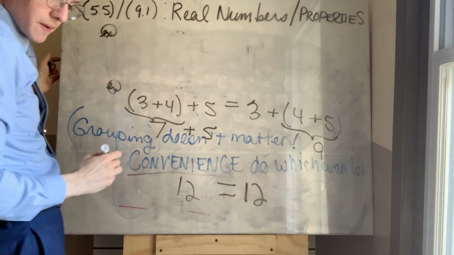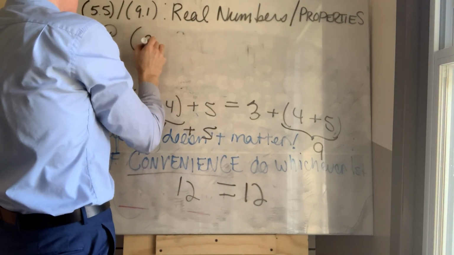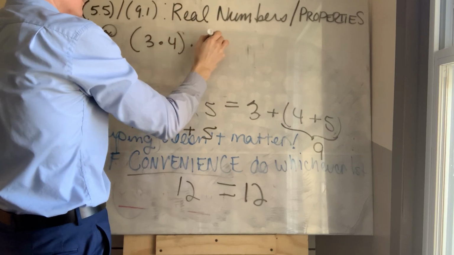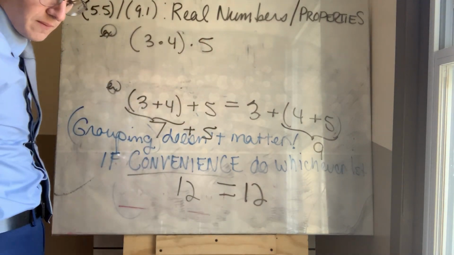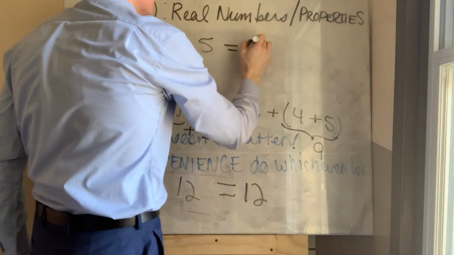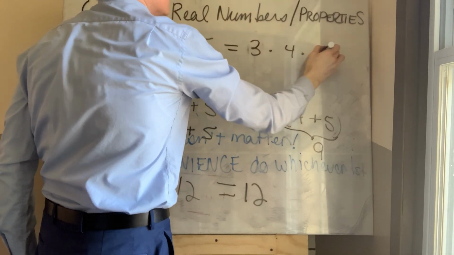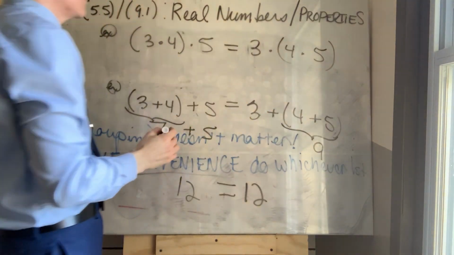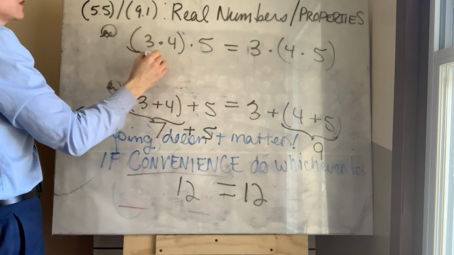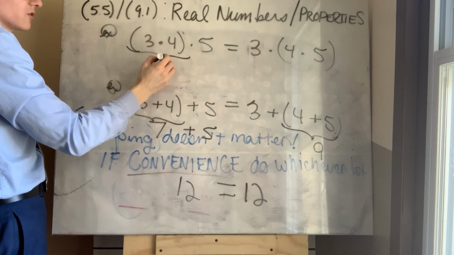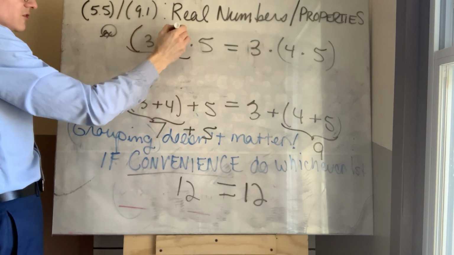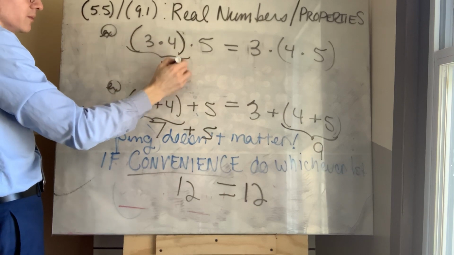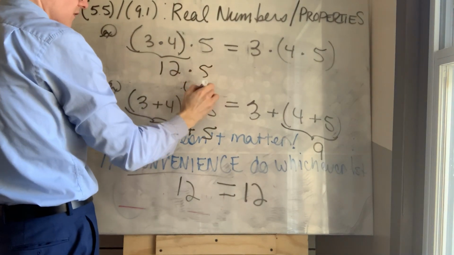Suppose you had, I'll use dots in this case for multiplication, 3 times 4 times 5, and essentially the same order, but these are grouped instead. Again, if strategically you have decided to do 3 times 4 first, then you would put parentheses here to emphasize that. This would be 12 times 5, and you would get 60.